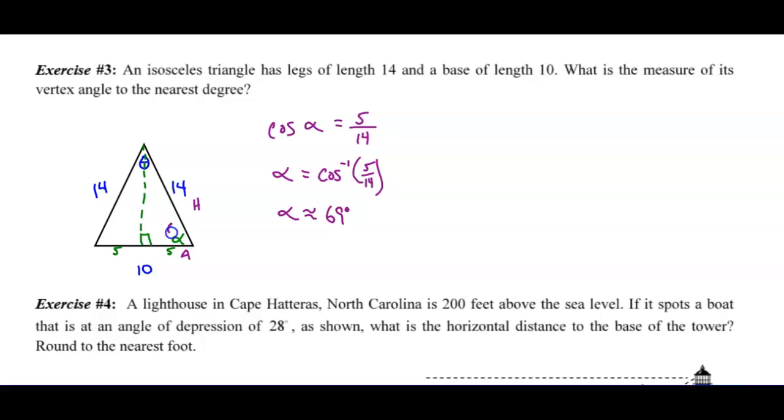Okay, so if that's 69, then this must be 21, because I already have 90, so 21 degrees is remaining. So if this angle is 21, so this 1/2 theta is 21, then theta must be 42.